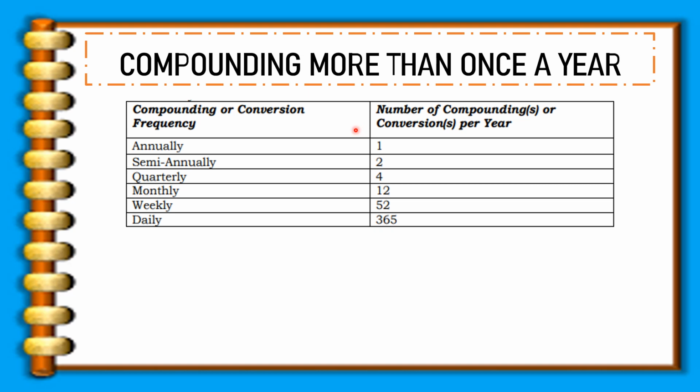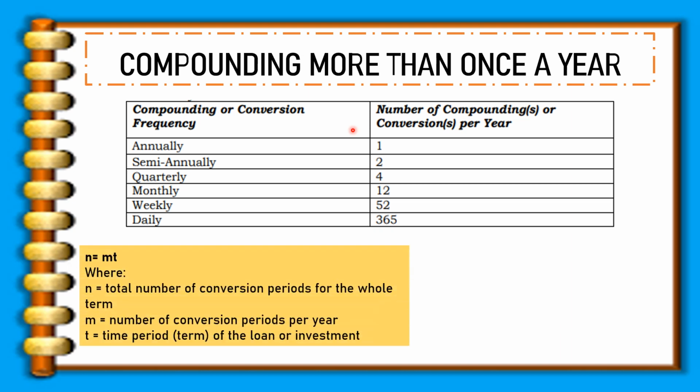While the total number of conversion periods for the whole investment term is denoted by a small letter n. And to solve for n, the formula is n equals m multiplied by t, where n is the total number of conversion periods for the whole term, m equals number of conversion periods per year, and t equals time period or term of the loan or investment.